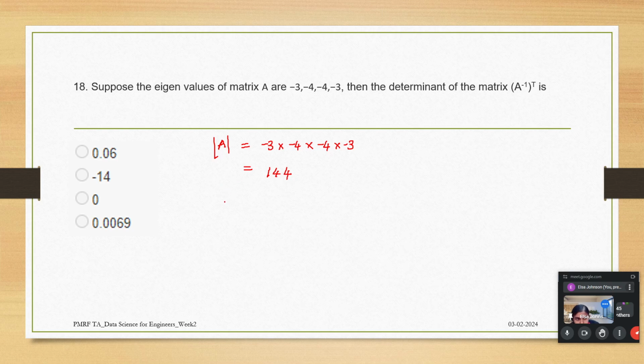Then the determinant of A as well as the determinant of A transpose will be equal. If I name it lambda, then the determinant of A transpose will also be lambda.